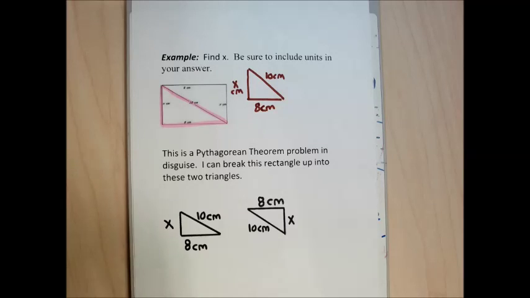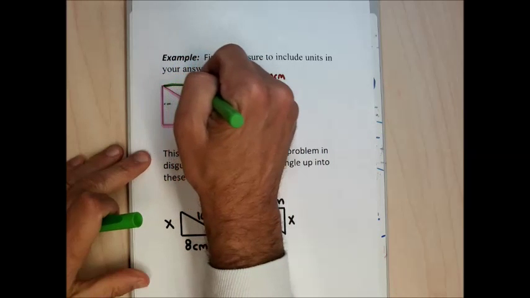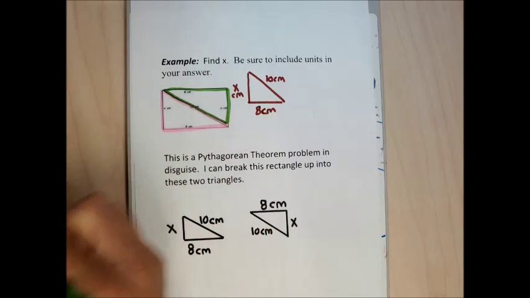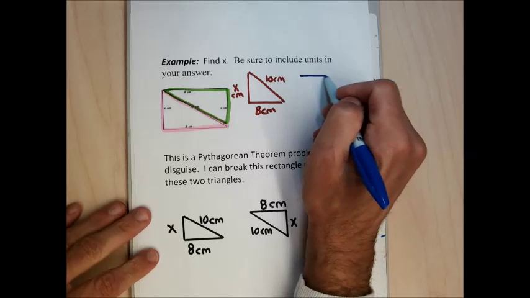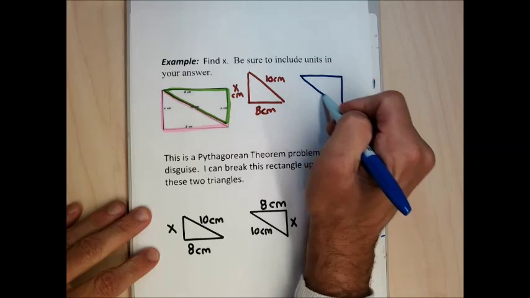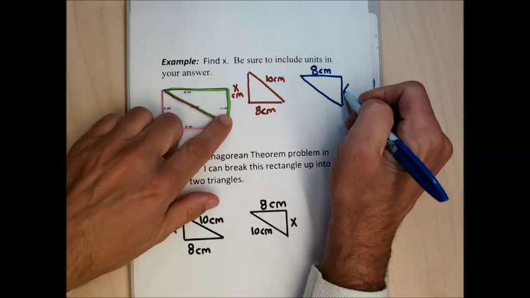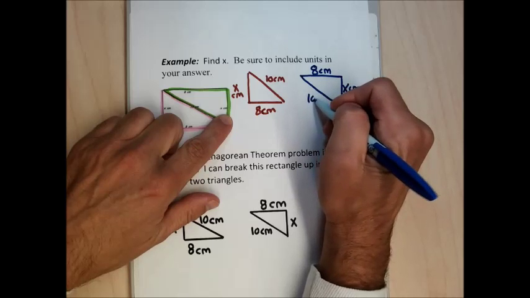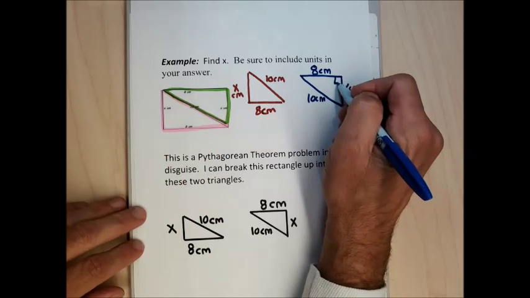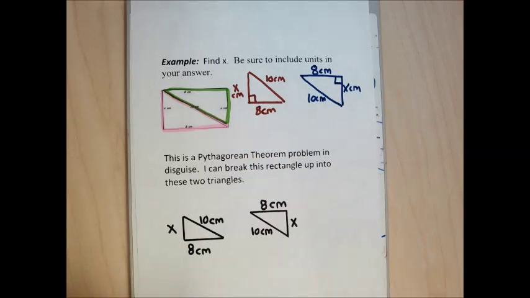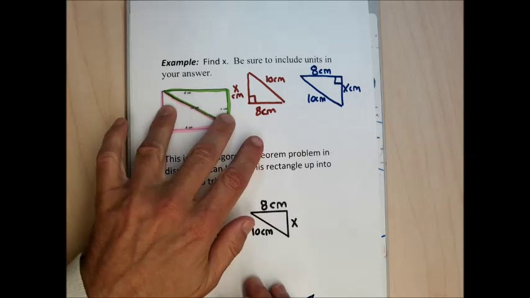The second triangle that I'll highlight in green has sides of 8 centimeters, x centimeters, and 10 centimeters. Both of these have right angles that are assumed but not shown with little brackets, and I believe both of these triangles I'm going to get the same value for x. It makes sense. It's the same problem. An x can't have multiple values.